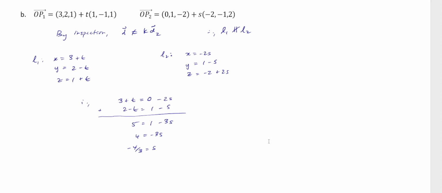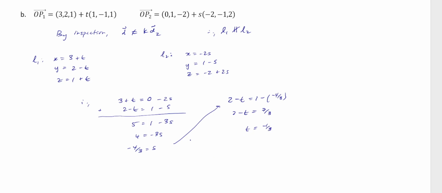So I have my s value right there, and I can sub it into the second equation right here. So 2 minus t is equal to 1 minus -4 over 3. So 2 minus t is equal to 7 over 3, and we'll say t is equal to -1 over 3.